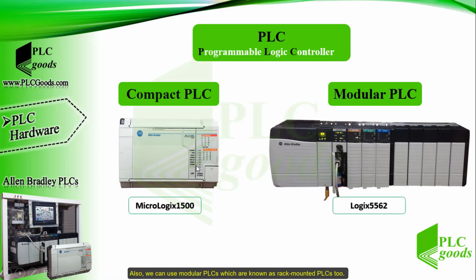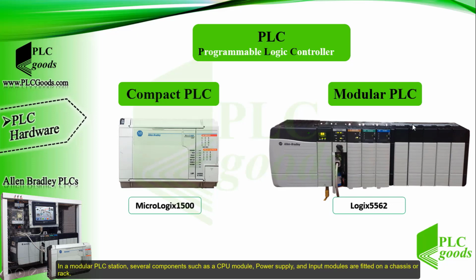Also, we can use modular PLCs, which are known as rack-mounted PLCs too. In a modular PLC station, several components such as a CPU module, power supply, and input modules are fitted on a chassis or rack.